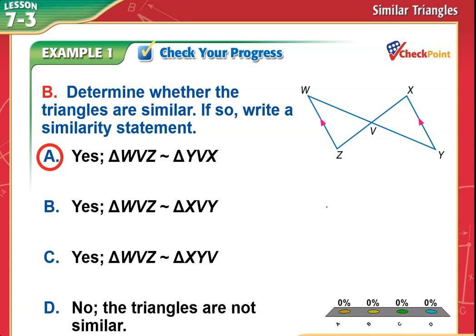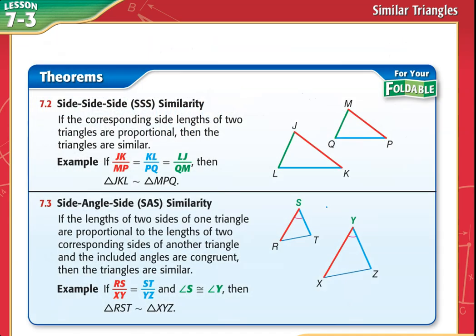Okay, we also have theorems. We have the side-side-side similarity theorem and the side-angle-side similarity theorem. In the side-side-side similarity theorem, if corresponding side lengths of two triangles are proportional, then the triangles are similar.